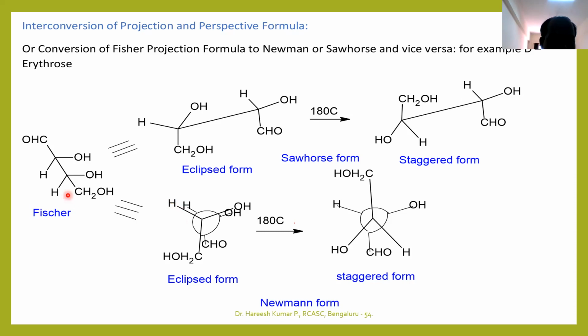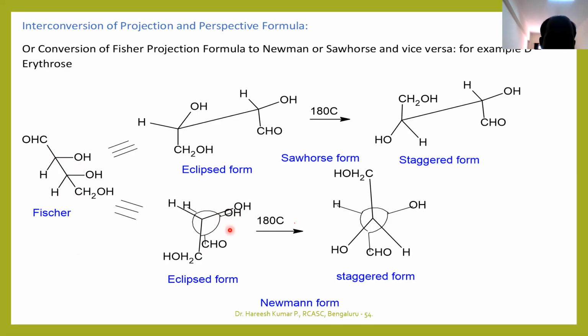You can view it from this side, so this will be down, this will be the right hand side, and this will be the left hand side. Similarly, when you are writing the second carbon atom, this CHO will be down, OH will be here and H will be here. Overall, this will be the eclipsed form.